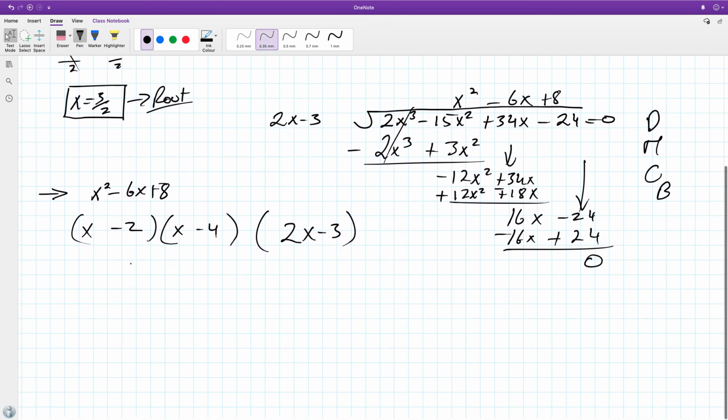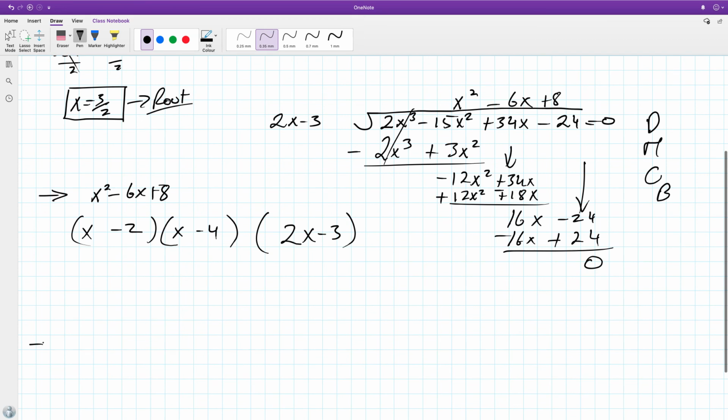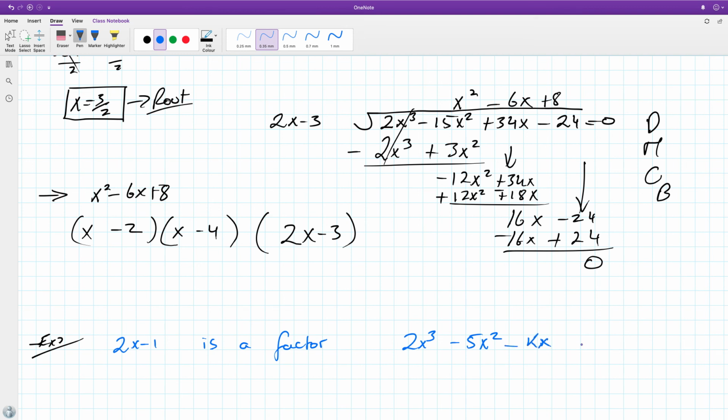So, example number 2. 2x minus 1 is a factor of 2x cubed minus 5x squared minus kx plus 3 is equal to 0.